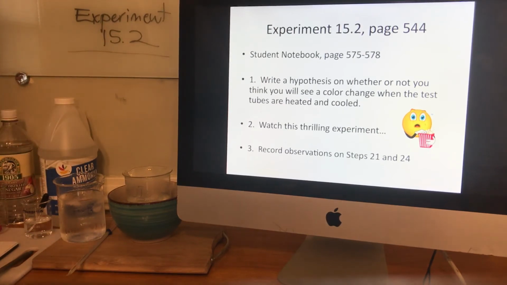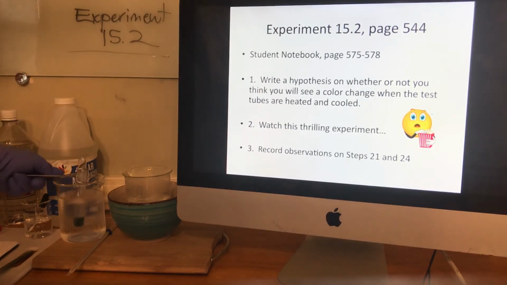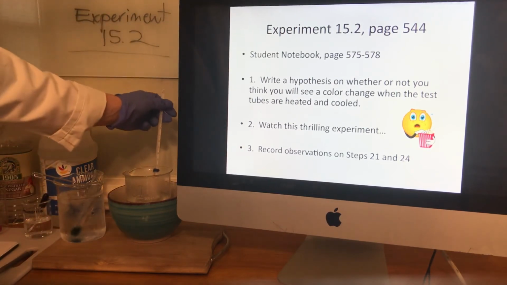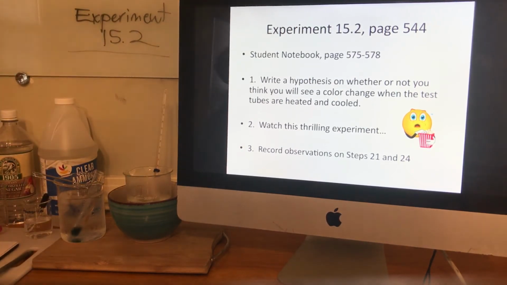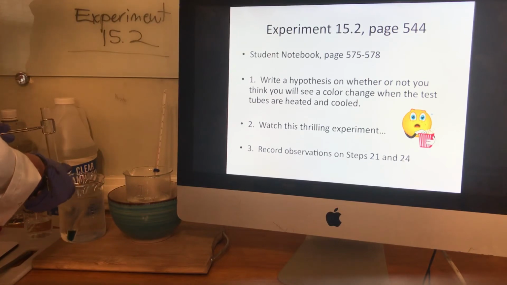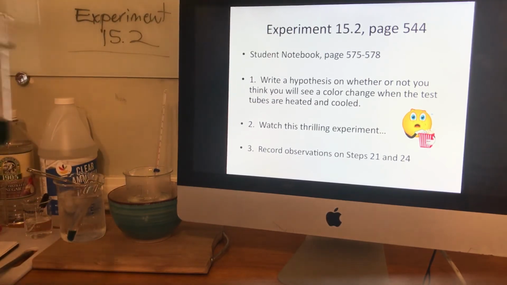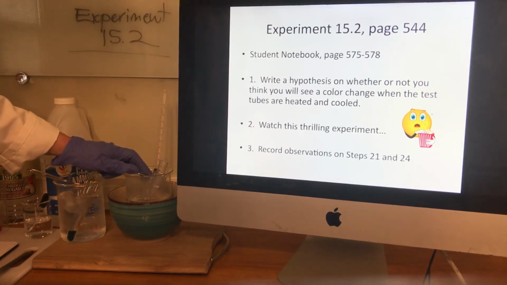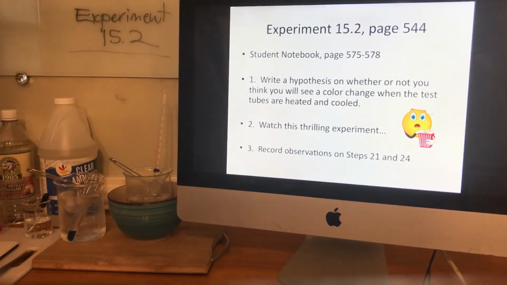All right, now to proceed on with the experiment, I'm putting one of the tubes in. I have them marked cold and hot. So this one's marked hot. That goes into this heated bath here, and it's supposed to stay in there for 30 seconds.